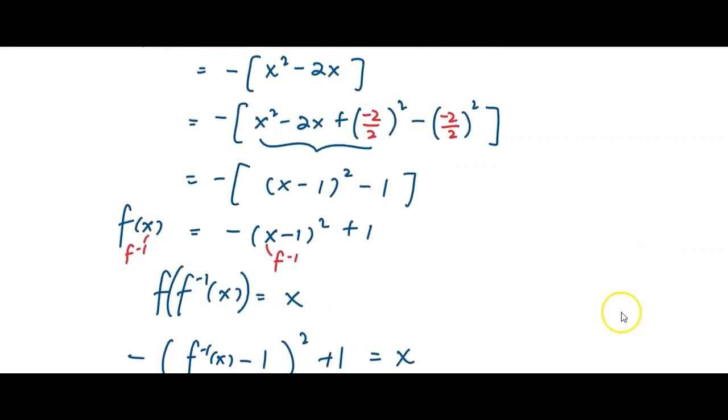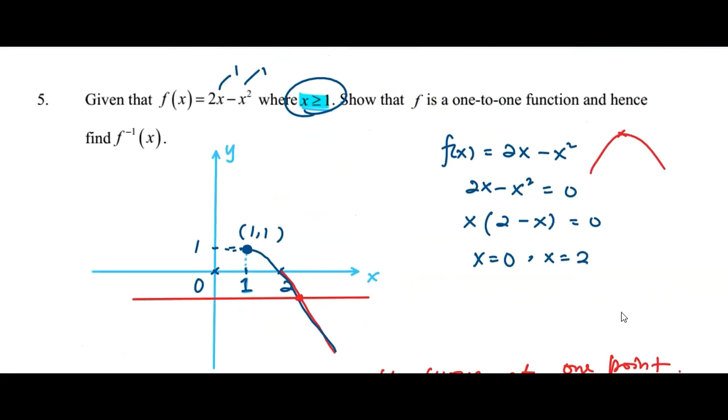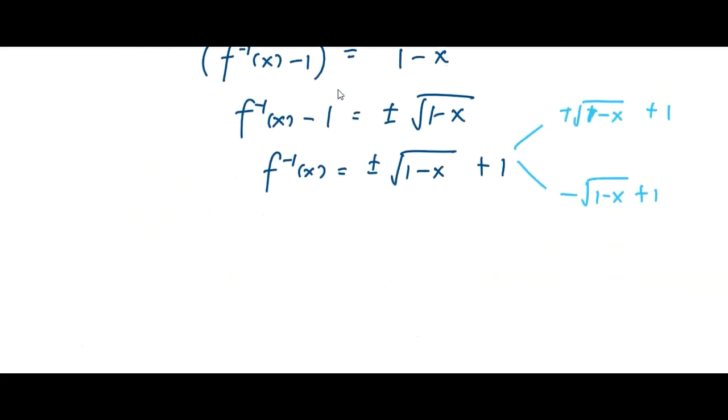Again, I will refer back to the domain given by the question. The domain given is x greater or equals to 1, meaning that the domain of f is equal to the range of f inverse, right? So given by the question is x greater or equals to 1, meaning that it will start from 1 to infinity. Okay, I would like to convert into interval form so that I can see clearly.